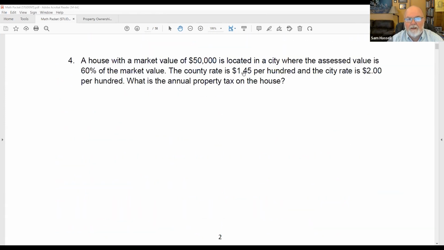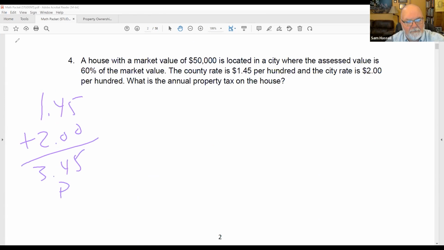First thing we had to do here was find the rates, and since we live in the city, we have to add the county rate and the city rate together. So we have 1.45 plus 2. Our tax rate is going to be $3.45 per 100 of assessed value.